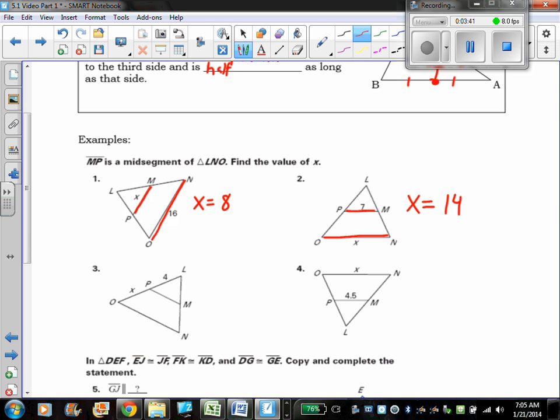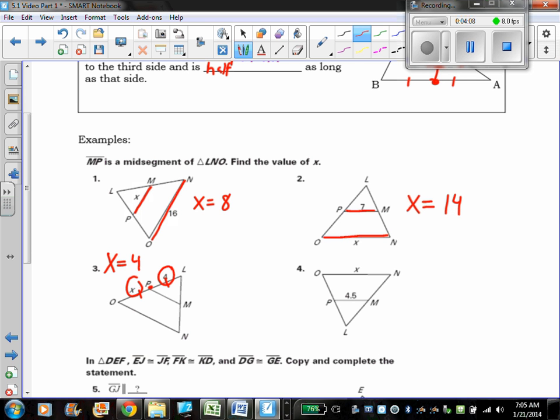In example 3, we need to remember the idea that the mid-segment is made up by connecting two midpoints. If P is part of a mid-segment, that means that it's the midpoint of segment OL. And what that means is that the two halves of OL are going to be the same size. Since this side has a length of 4, this side will also have a length of 4.